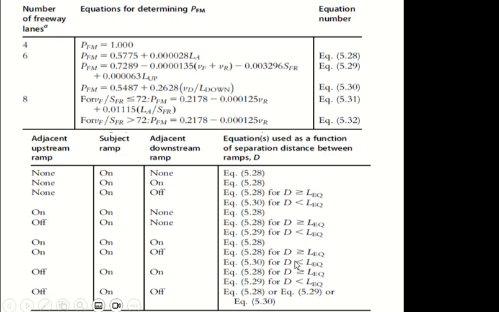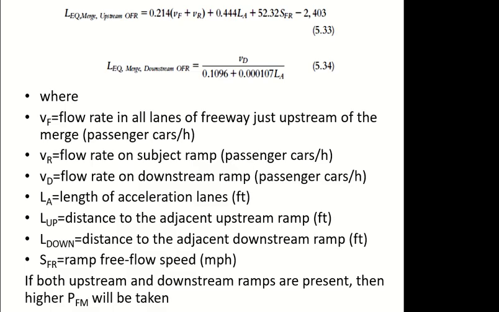Okay, so the distances are given. I have to find out the equivalent length. Okay, so equivalent length for upstream off ramp and downstream off ramp. Now which one do I have? I have the downstream off ramp. Okay, upstream is not off ramp. Okay, so I will check with downstream off ramp.